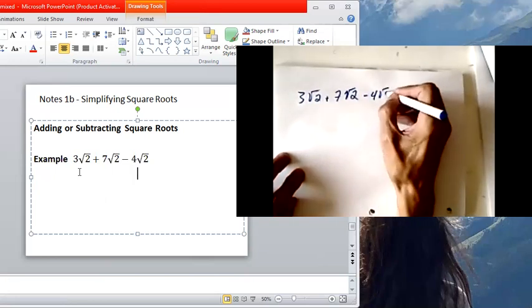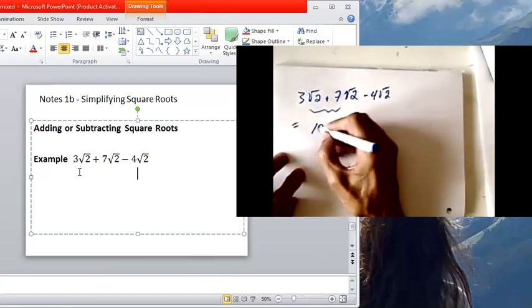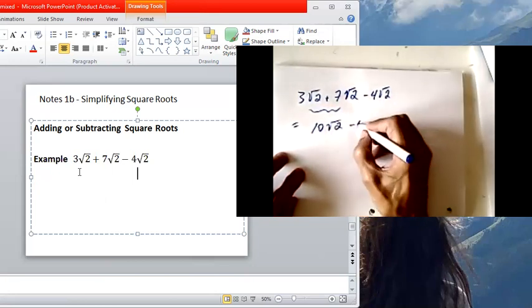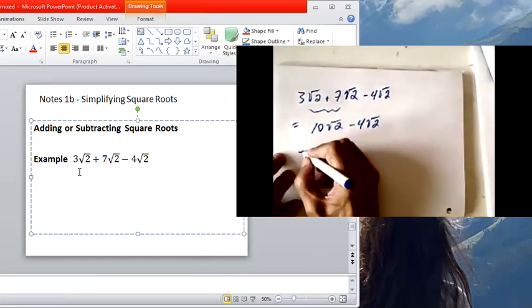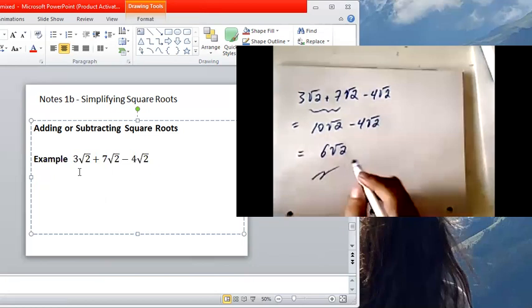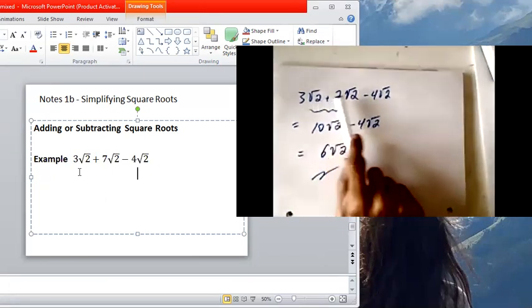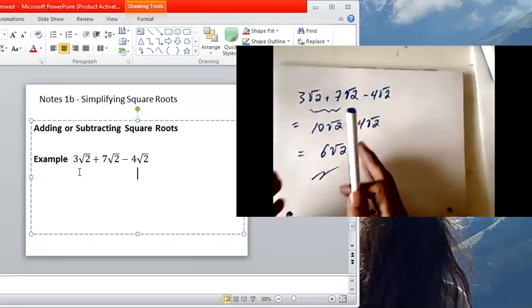And then minus 4 root 2. You see, so these two, you can add those together. You get 10 root 2 minus 4 root 2 like that. And what do you get? 6 root 2 is the final answer there. See, all the insides are the same, so they all can combine together.